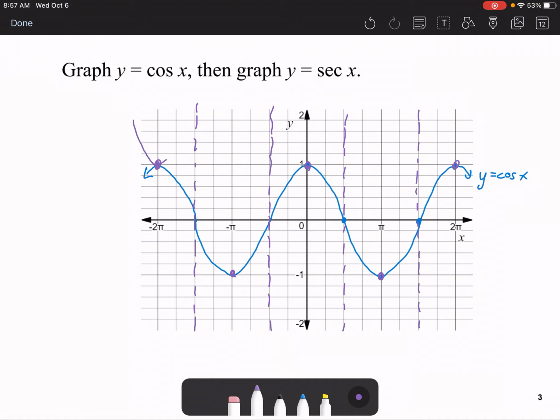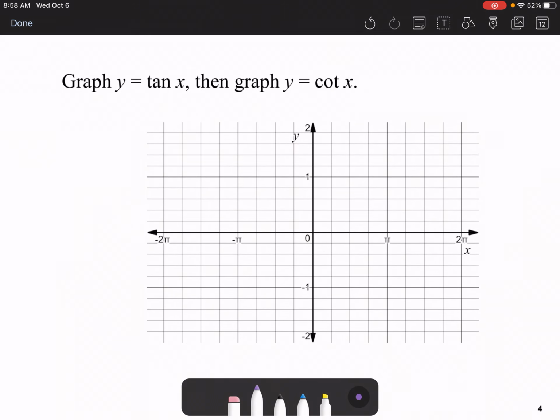They get close to these vertical asymptotes, and are positive when the function's positive, or negative when the function's negative. As you could probably guess, secant of x is just a horizontal translation of y equals cosecant of x. And there we go.